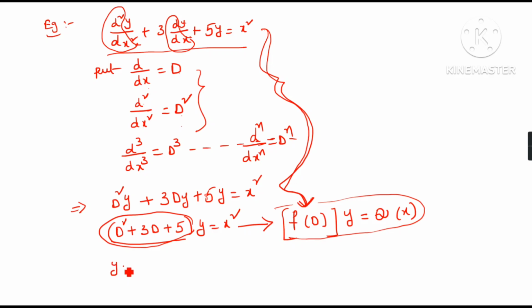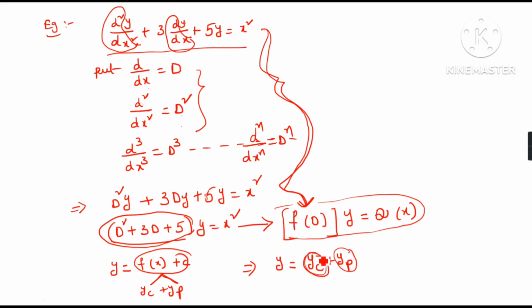The general solution, as I told, is the dependent variable equals something in terms of the independent variable plus an arbitrary constant. We have to find this solution in two parts: yc plus yp. That means the general solution is of the form y equals yc plus yp. Here yc means the complementary function and yp means the particular integral.